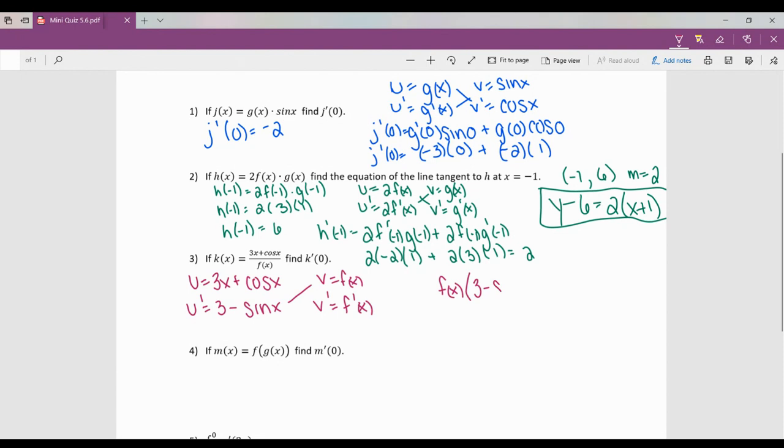All right, so we've got u prime v, so f of x times 3 minus sine x, minus u v prime, f prime of x times 3x plus cosine x.